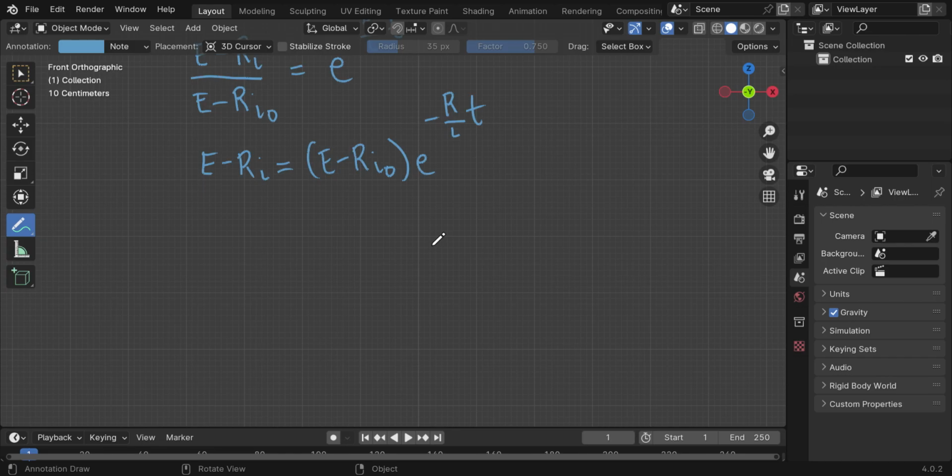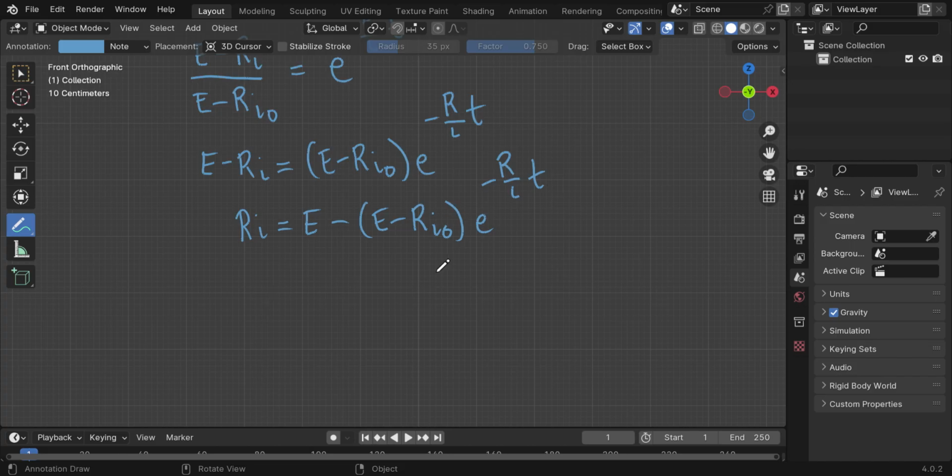And then if we subtract E from both sides and then invert, we have R times I equals E minus E minus R I0 times e to the negative R over L times t.